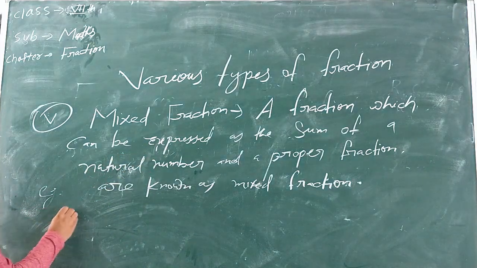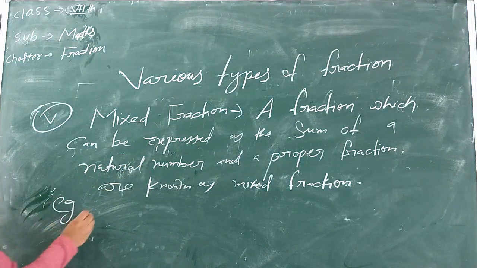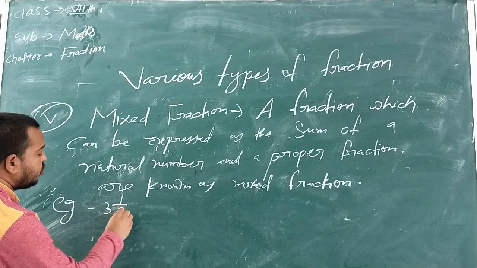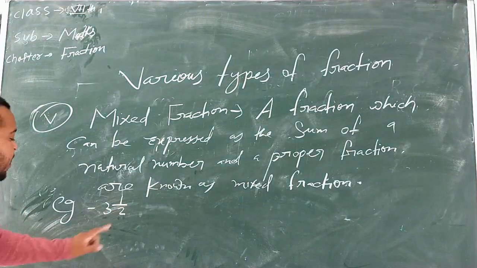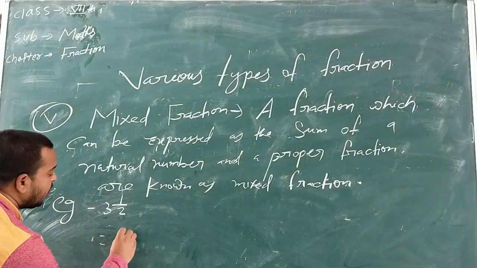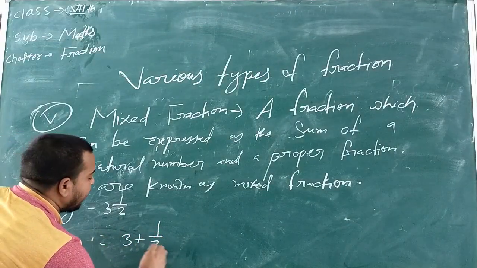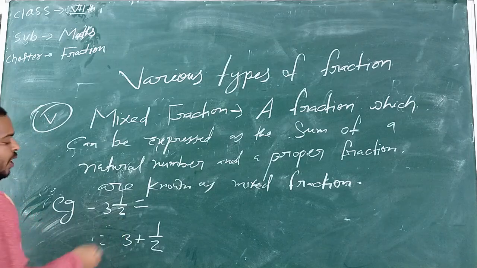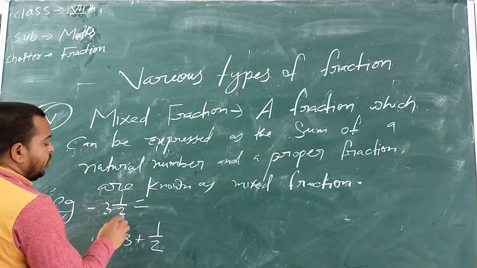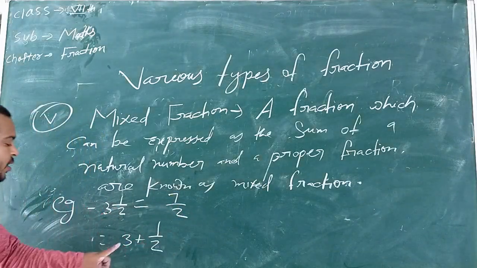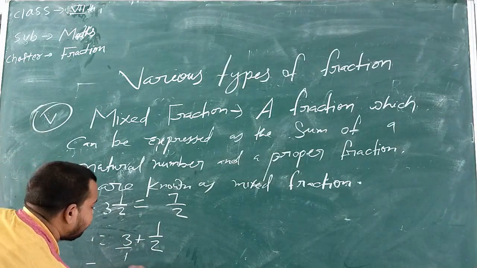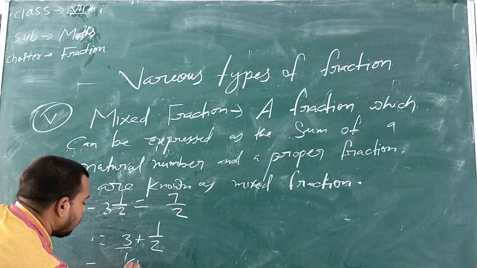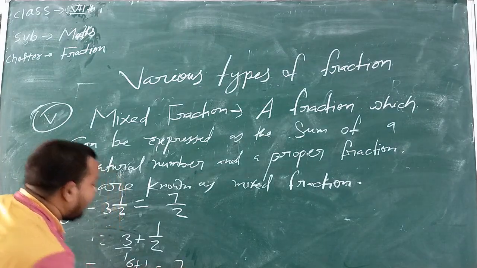A fraction which can be expressed as the sum of a natural number and a proper fraction is known as a mixed fraction. For example, 3 whole 1 by 2 is a mixed fraction because we can express 3 whole 1 by 2 as 3 plus 1 by 2. You know that 3 whole 1 by 2 is equal to 7 by 2, and 3 plus 1 by 2 will be equal to 7 by 2.